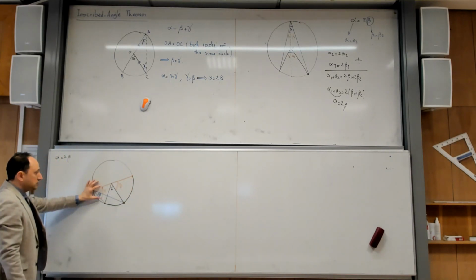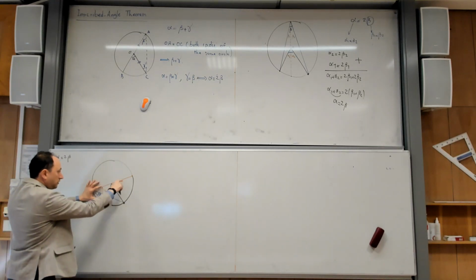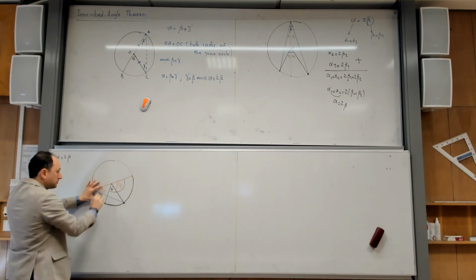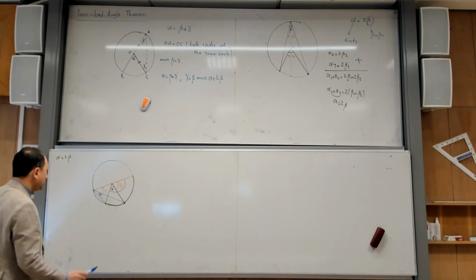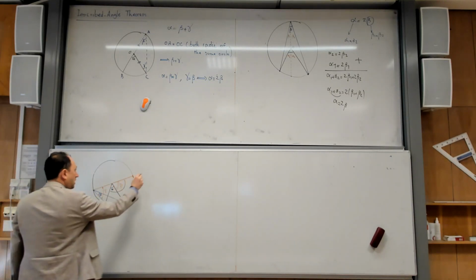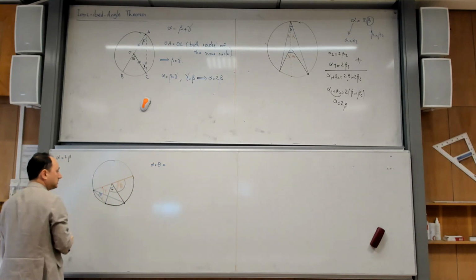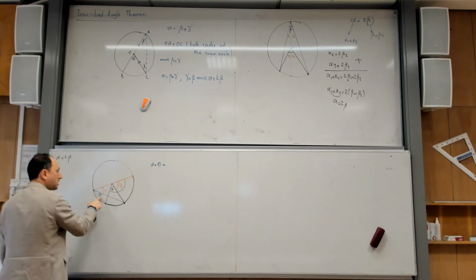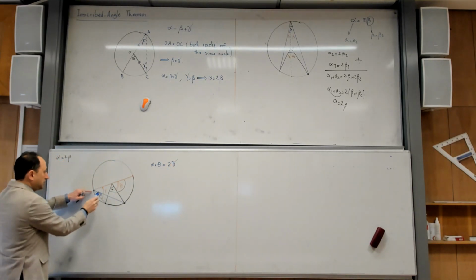What is the central angle subtending this one? The central angle subtending this one is theta plus alpha, the whole angle, yes? Is that understandable? So this means that alpha plus theta, which is my central angle here, is 2 times gamma. So let me repeat it again. You see, don't get confused.